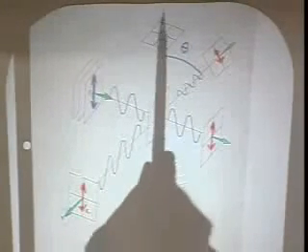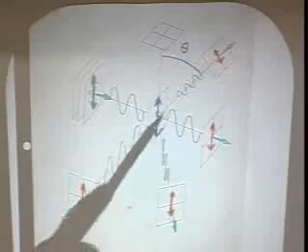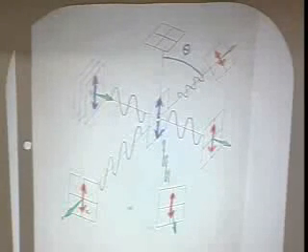In the direction of theta 0, there is no radiation going because the acceleration is like this. If you go off at a different angle, then the electric vector oscillates perpendicular to its direction of propagation.